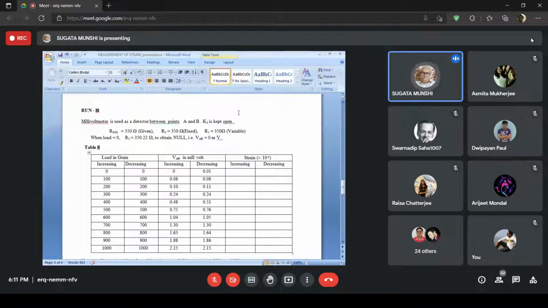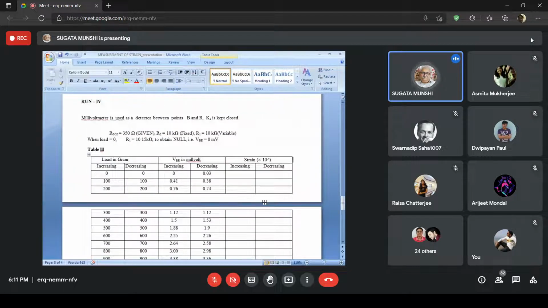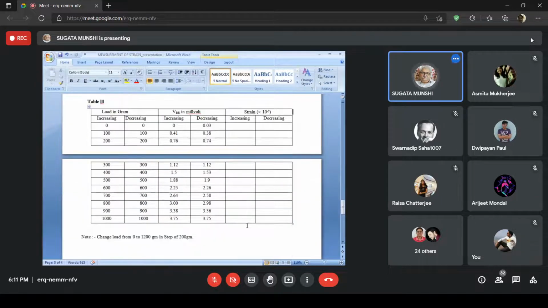Remember, y-axis is strain, x-axis is load in grams. And table 3, this is again strain versus load plot for increasing as well as decreasing load. So these plots, these data, remaining data will be given to you. These plots, you have to calculate these values, strain values, and give the plots in 3 separate graph papers.